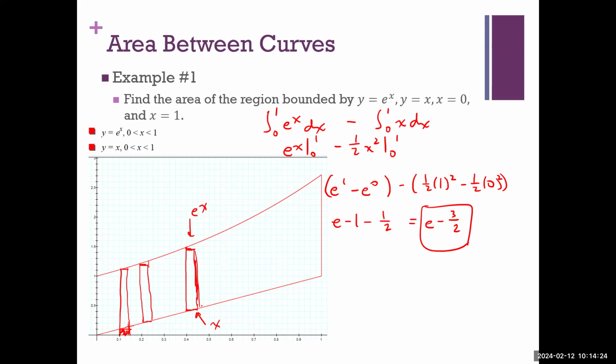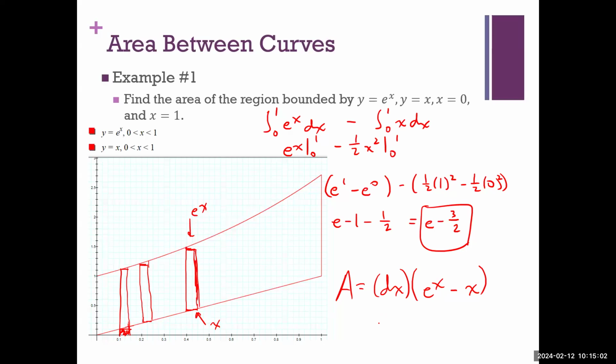So the base and the height, right? What is the base length of this rectangle? I know it depends on how long I drew that, but when we go to an integral, we call that dx, right? So the area of this rectangle is going to be dx, the base, times what's the height? It's whatever that top level is minus whatever that lower level is.